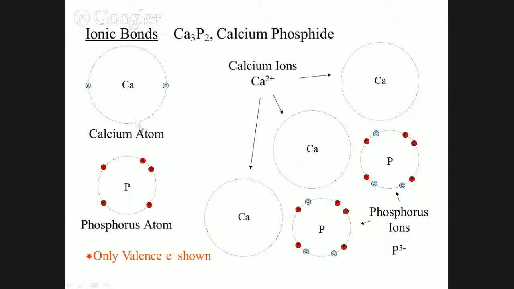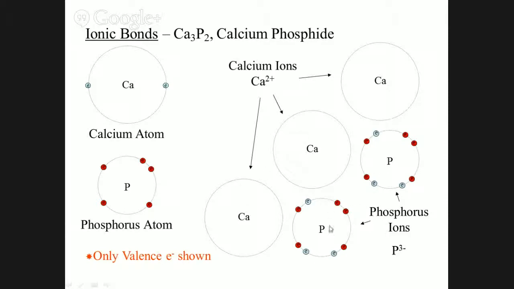In other words, every valence electron has to go somewhere so that the calciums are all empty, but the phosphorus are all full. Well, between 3 and 2, think of 6, I need 3 calcium atoms, each one losing 2 valence electrons.